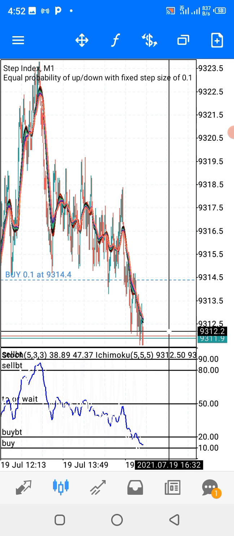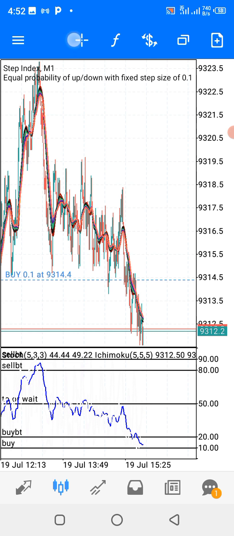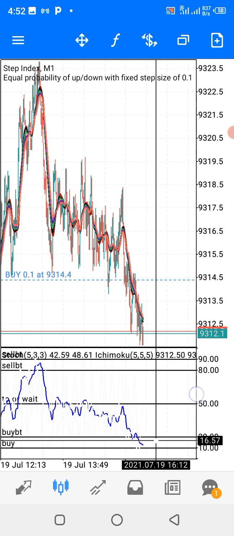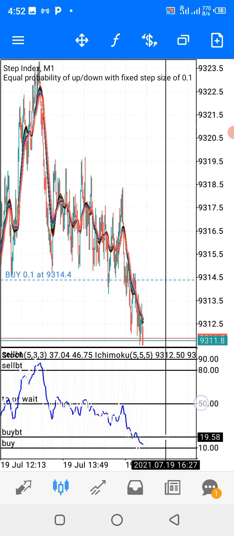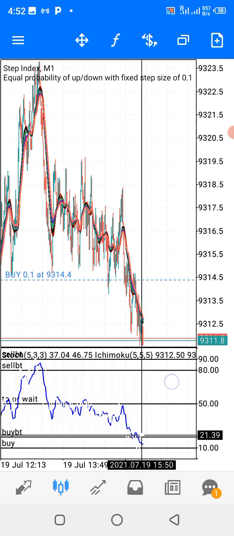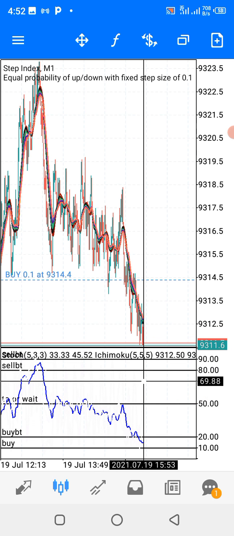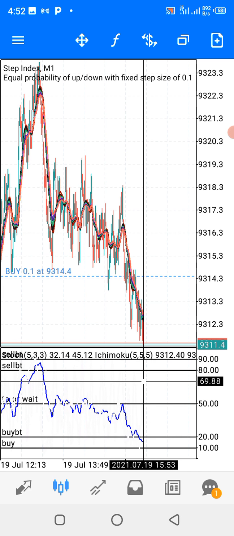Okay, that's it. When do you close your trade entirely? You close your trade when the Ichimoku has come to level 10 again, or between level 20 and 30. That shows you that the market will prepare to buy. Like right now, it is preparing to buy, but we can't buy now because there is no confirmation.